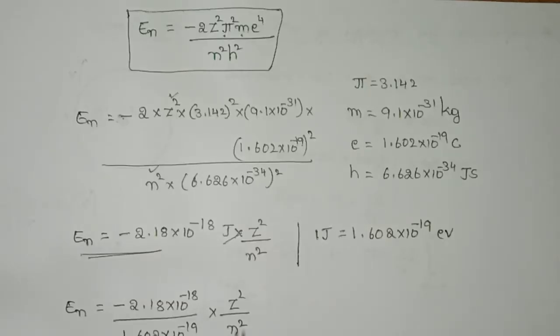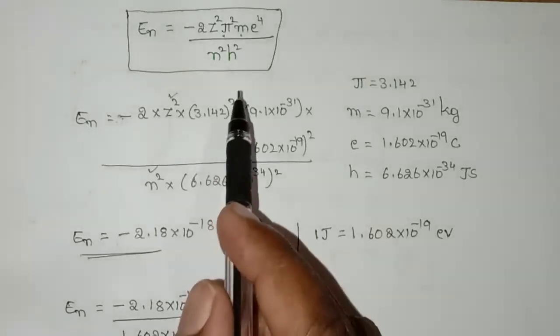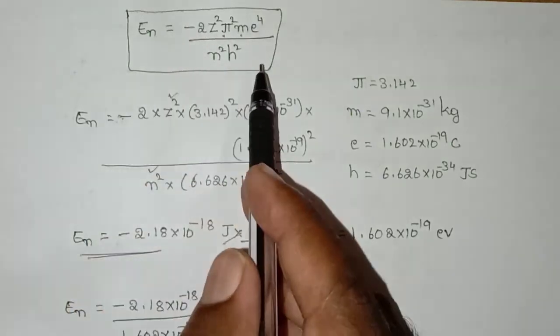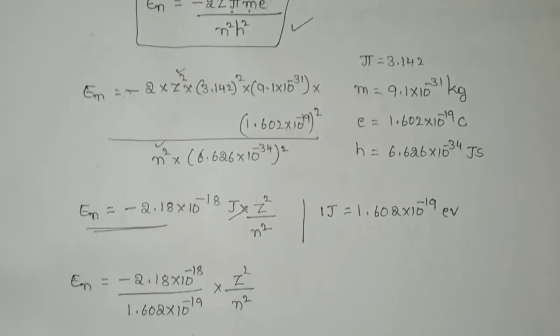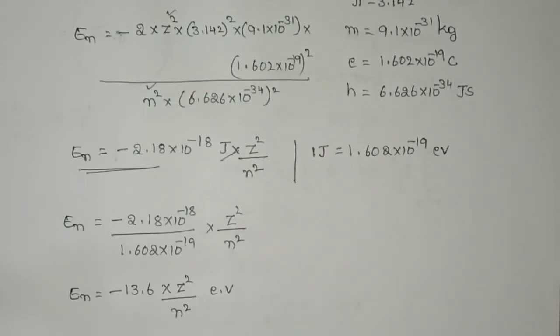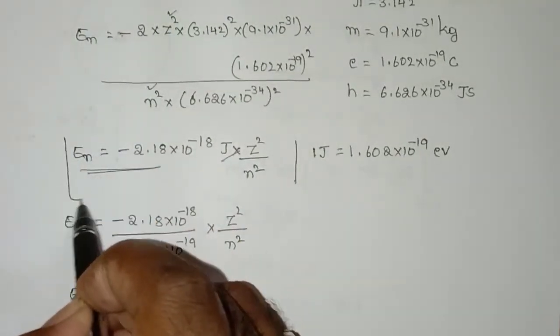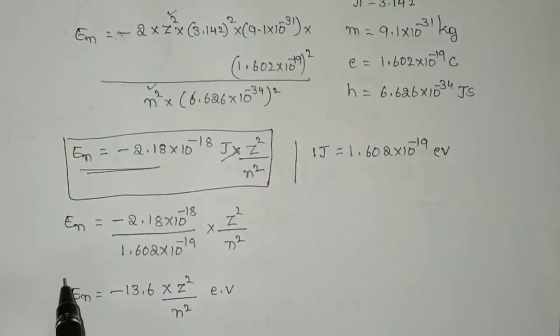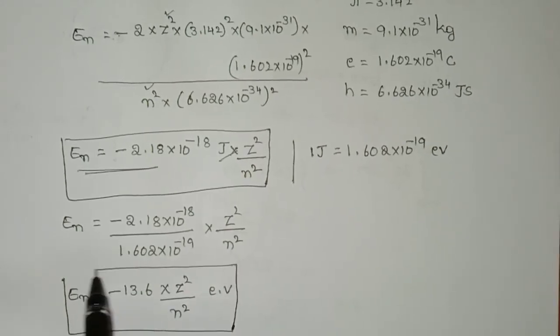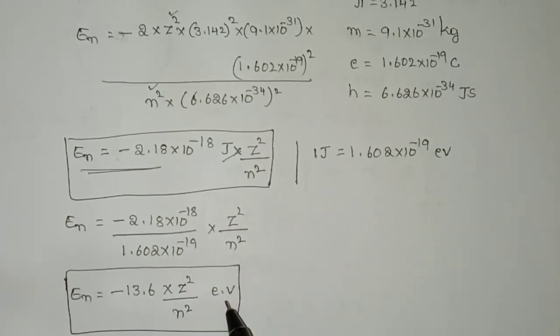Here we got three expressions. One is completely represented with the constants, this one. After substituting the values of all the constants, the one which comes in terms of joules, this expression. And finally the expression for energy of an electron expressed in terms of electron volts.